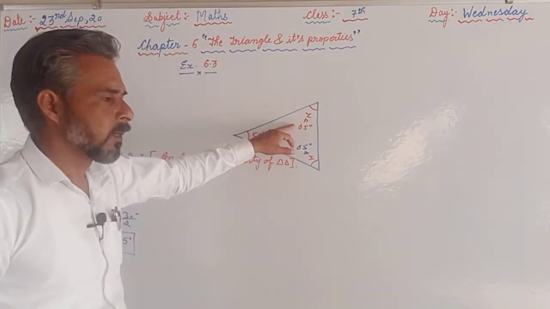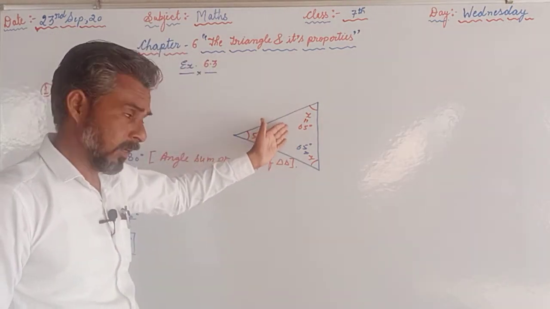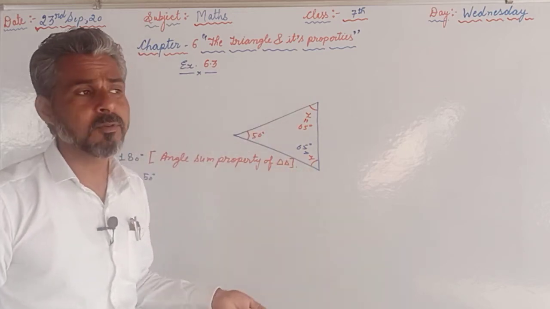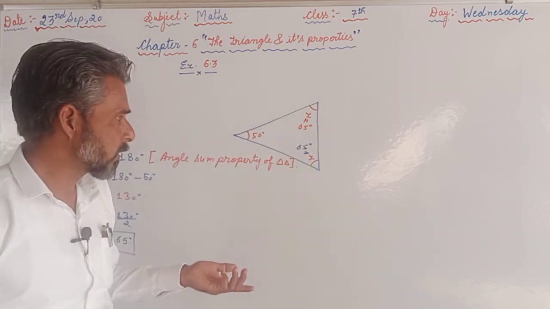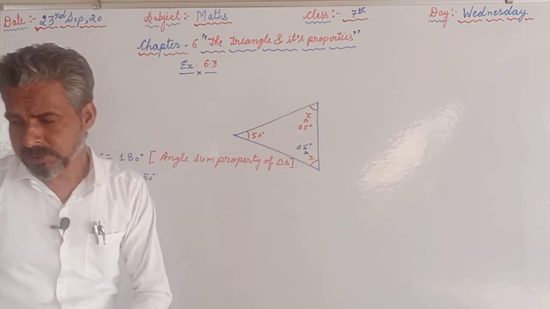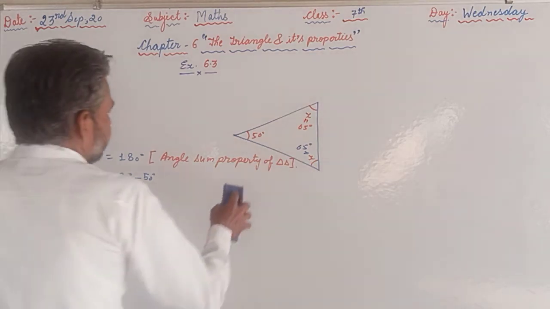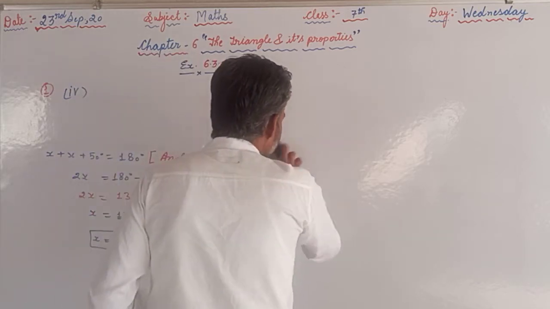The two angles are the same, because as given in the question, this is x and that is also x, so their measurement will also be the same, that is 65 degree each. Like this we are supposed to proceed. In the next question, all the angles are the same and the value is not given.